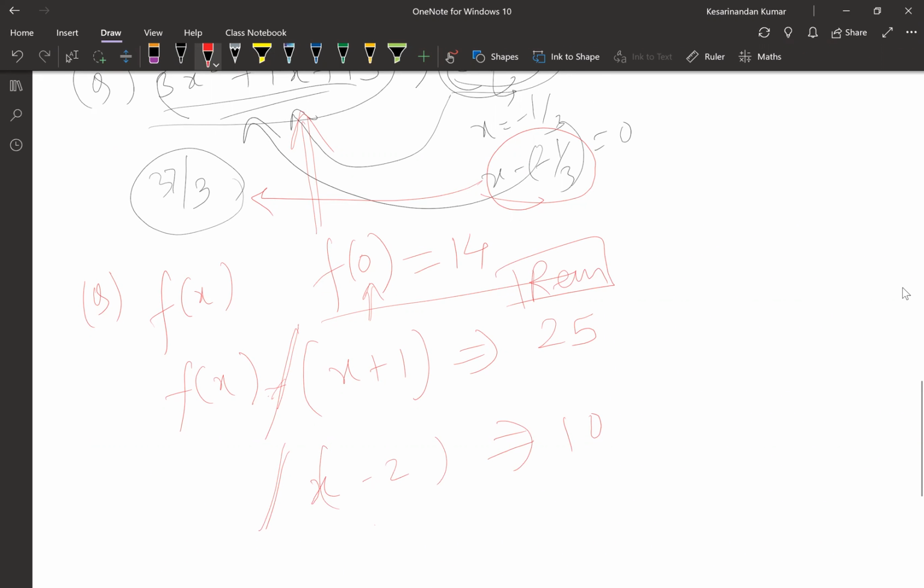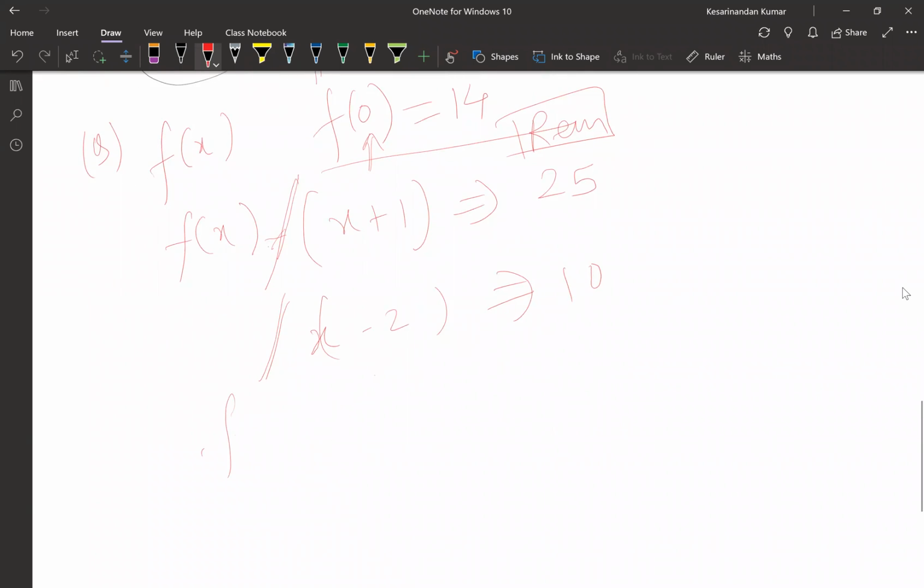I need you guys to find me what is f of x. For simplicity, start with f of x is equal to ax squared plus bx plus c. When you start using these three criteria, you have three unknowns a, b, and c. You have three equations. You can solve it and get your answer using this. I will give you 3 minutes. It can be slightly tricky, so take 3 minutes and solve.